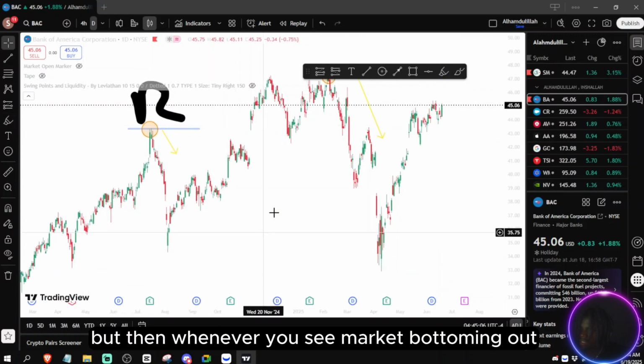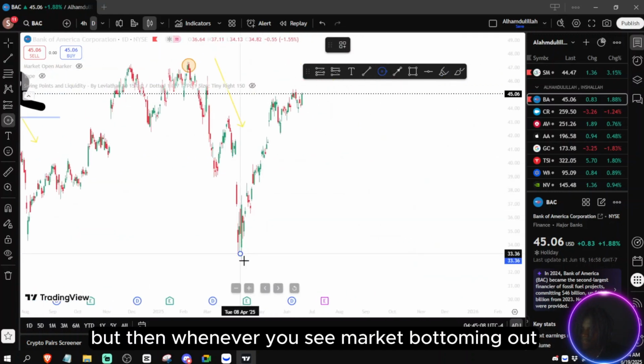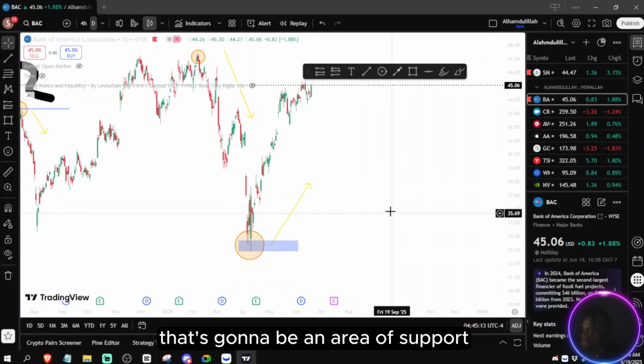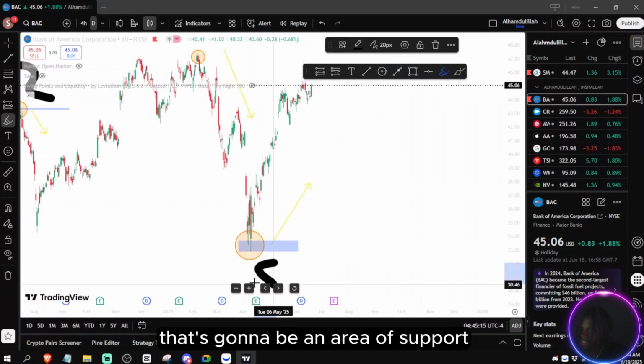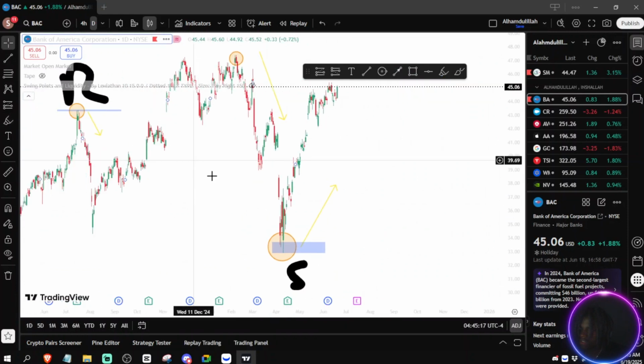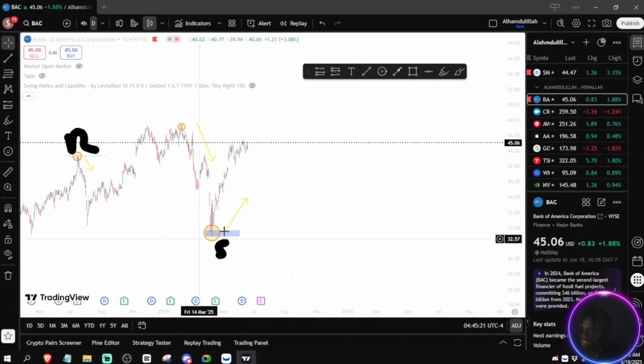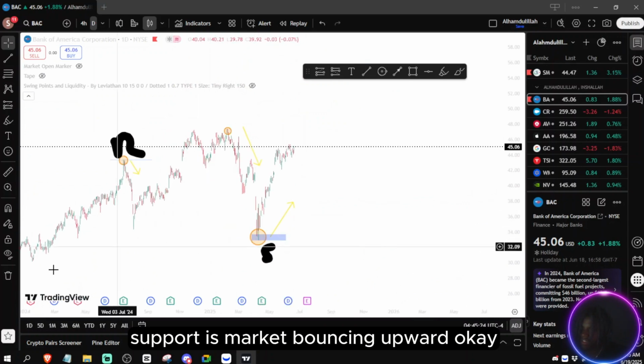But whenever you see market bottoming out and going in an upward direction, that's an area of support. So resistance is market going downward, support is market bouncing upward.